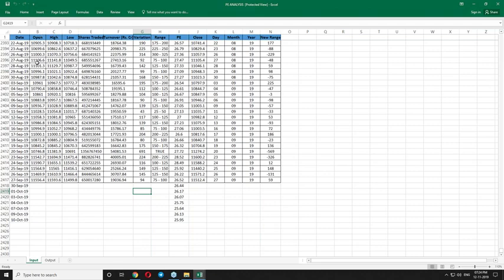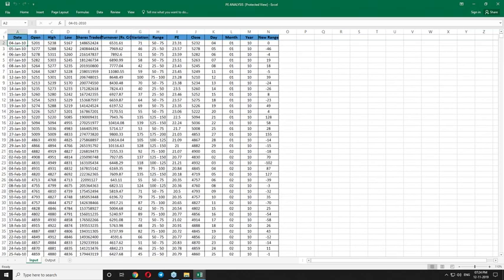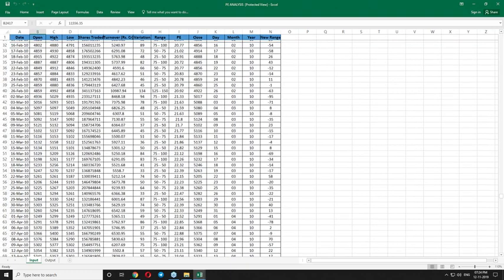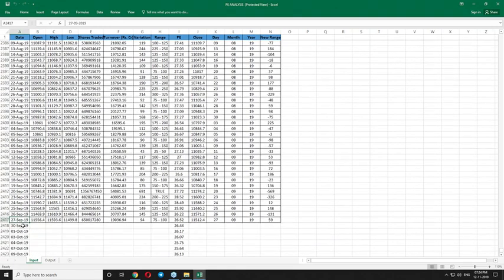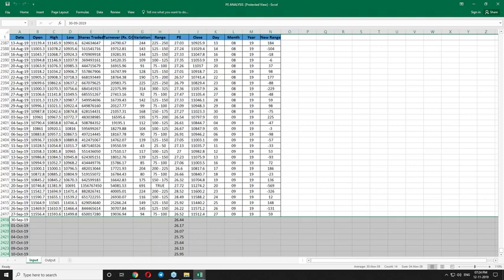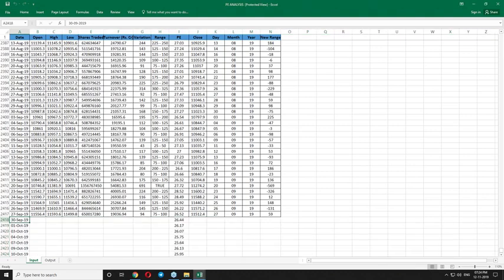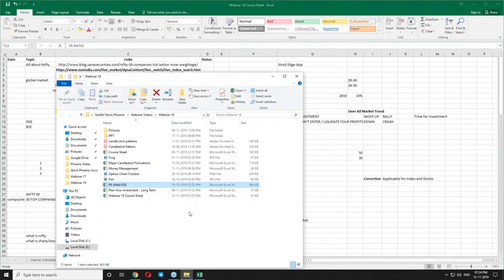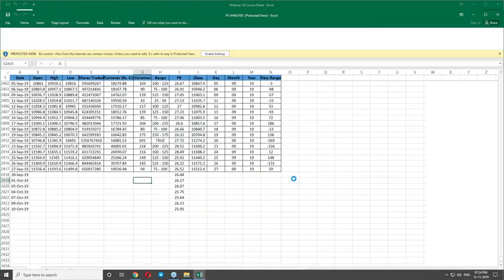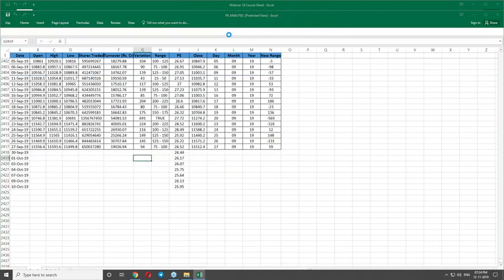Data of Nifty has been captured from 4th Jan 2010 to 27th September 2019. That is as good as 9 or 10 years of data we have captured. Let me close and open it again so that I can do any kind of filtrations and editing here.